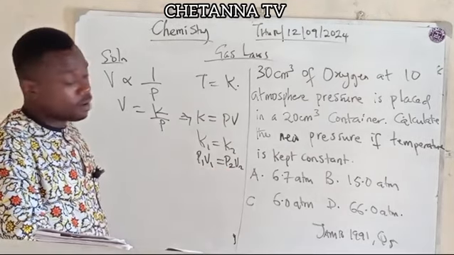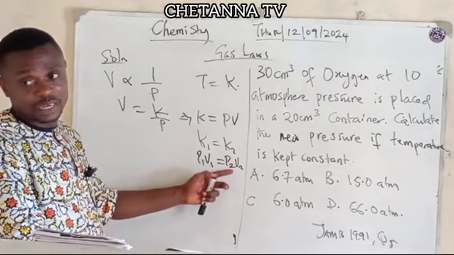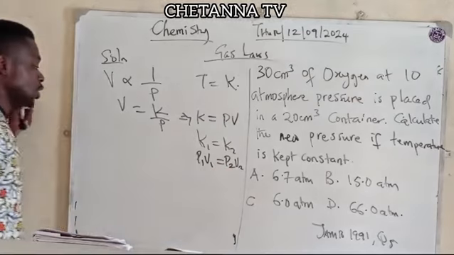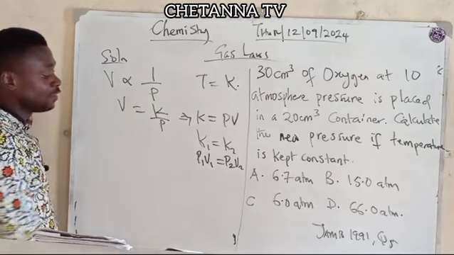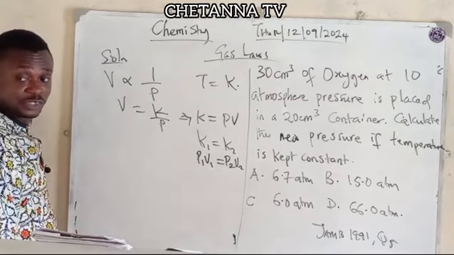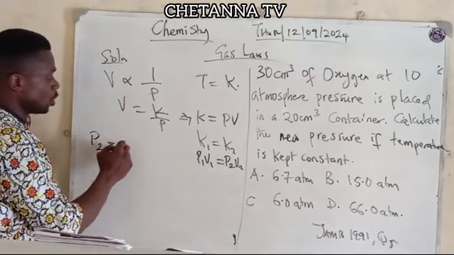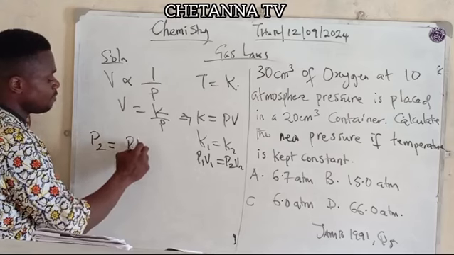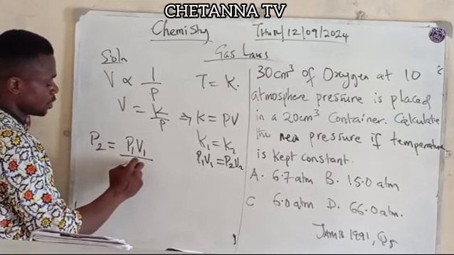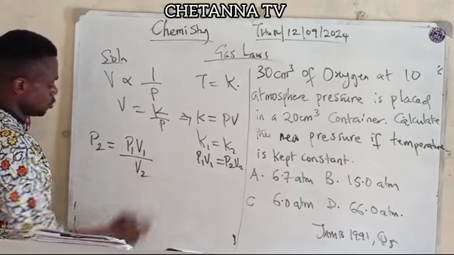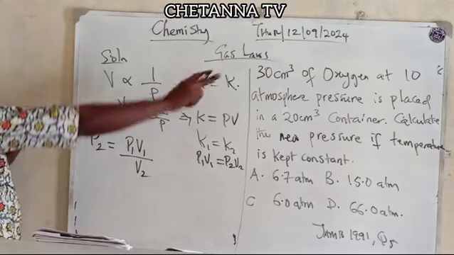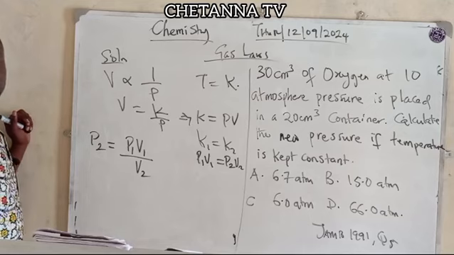If you make P2 the subject, that means you're dividing both sides by V2, right? So P2 is equal to P1V1 over V2.